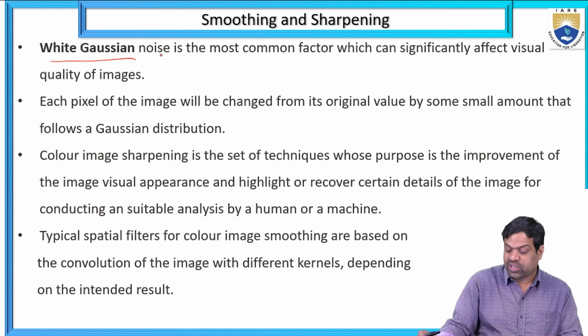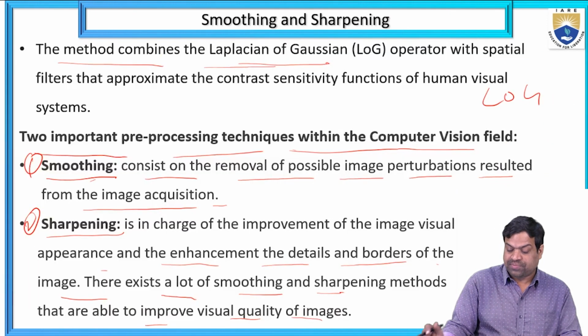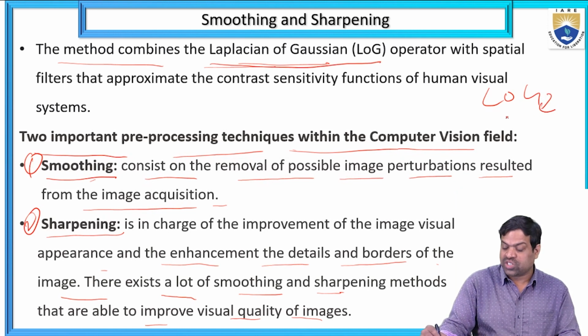So already we know that we can see here the Laplacian of Gaussian operator, or function, a transformation function.